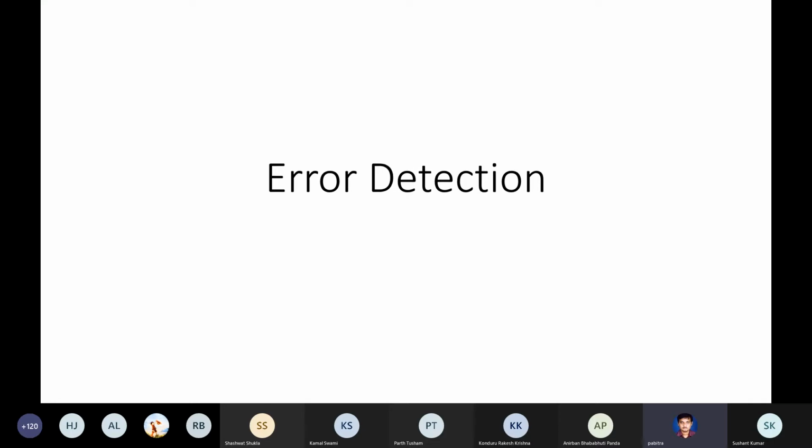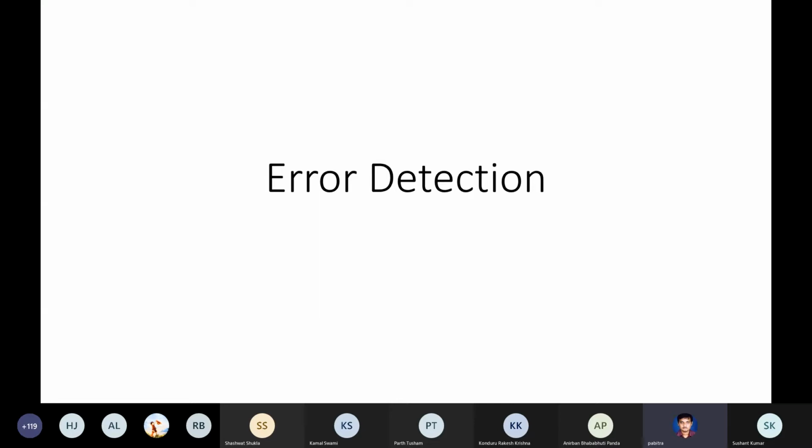What we mean by error detection is, if you have a bit string, whether this was the intended bit string or not, that we call error detection. That means we say that there is at least an error, say a 1-bit error or k-bit error, in the binary string that we have received or read. This is error detection, but we just know whether there is an error or not.